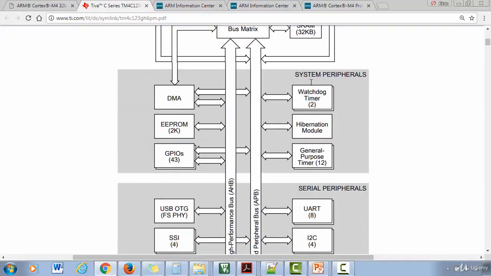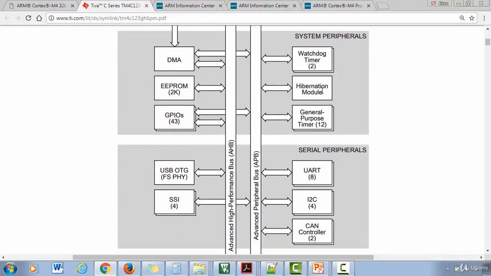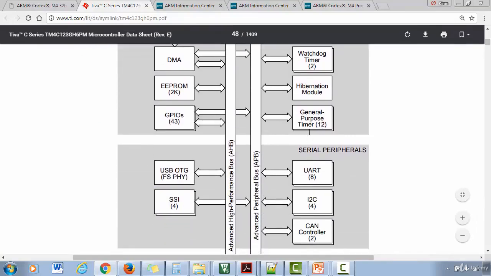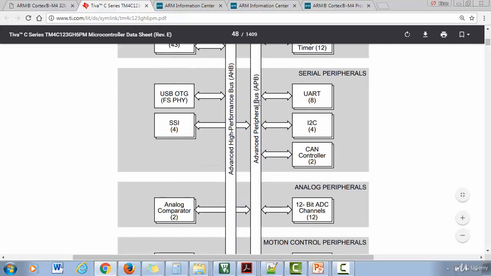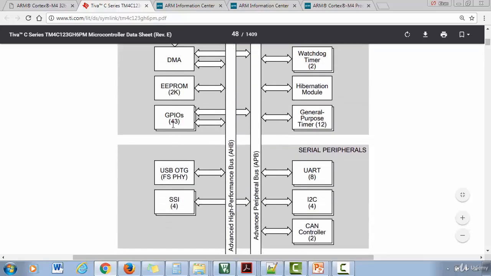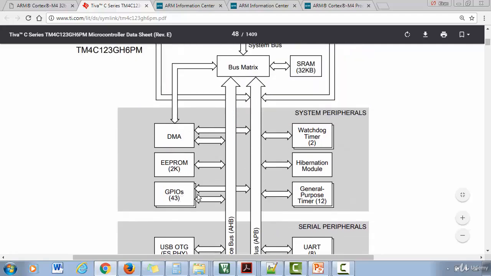And these are called system peripherals. The system peripherals, you can see here, are connected to the APB bus. And some peripherals are connected to the AHB bus. And you can see here, the GPIOs are actually connected to both the AHB bus as well as the APB bus. So that's the difference.